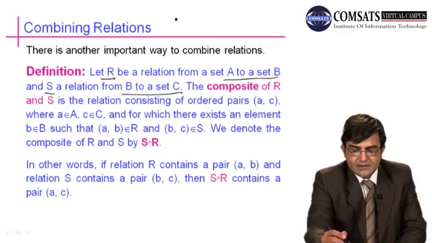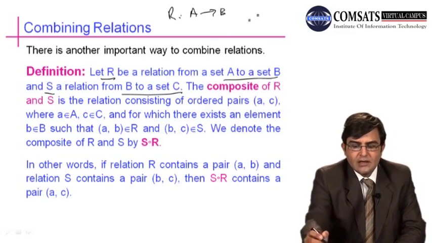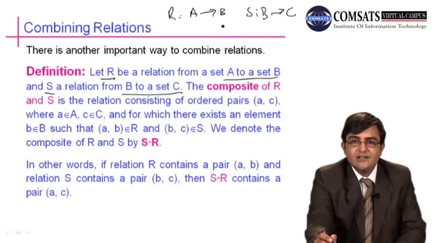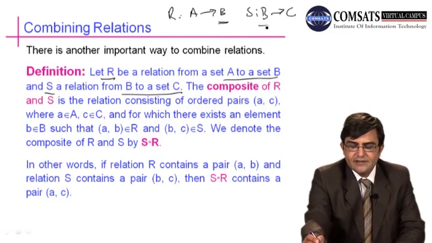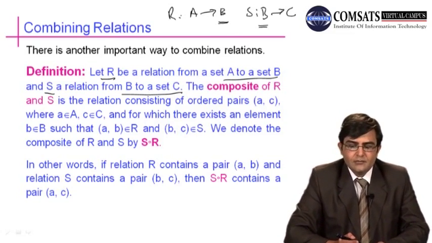R must be defined from A to B and S from B to C. This is only valid when the second set of the first relation and the first set of the second relation are the same.